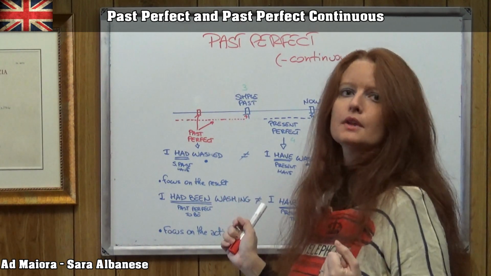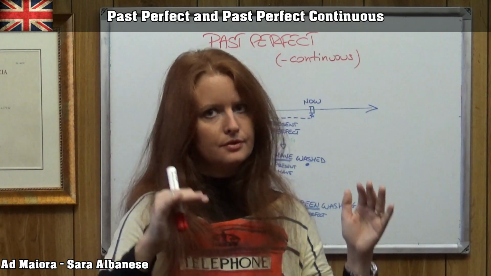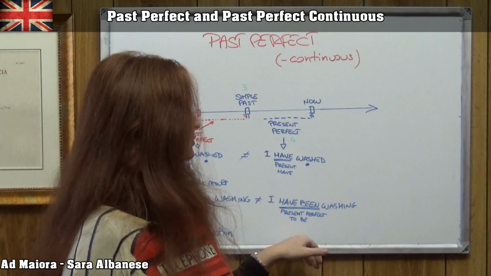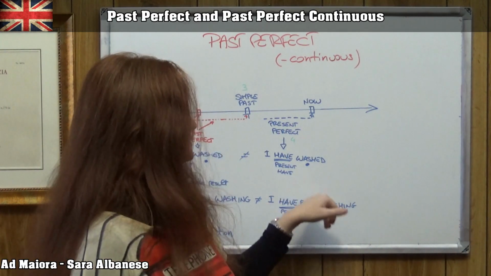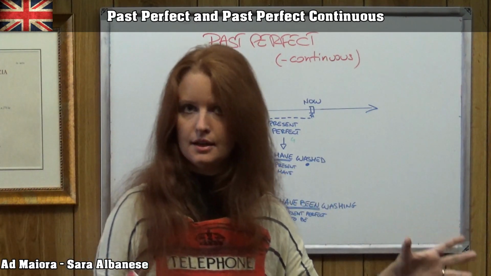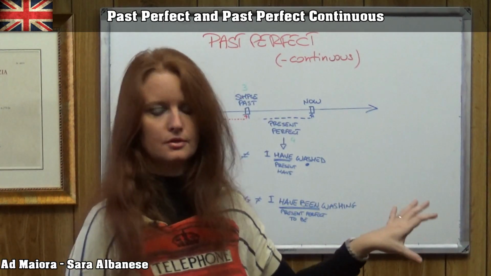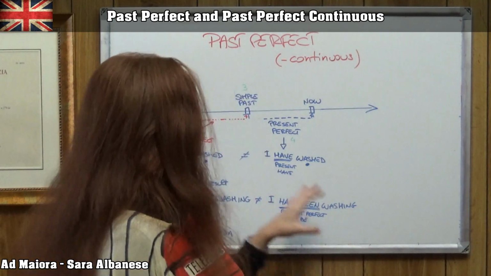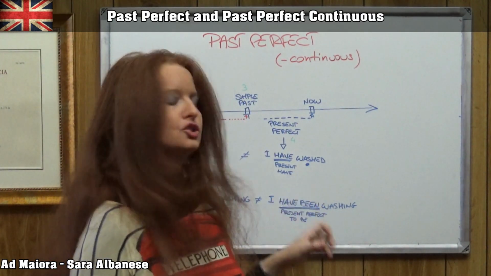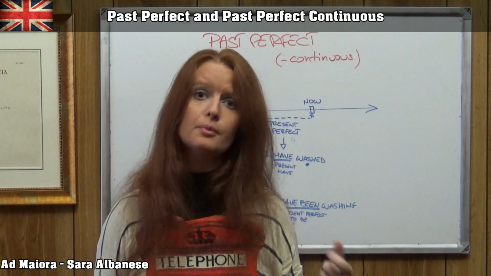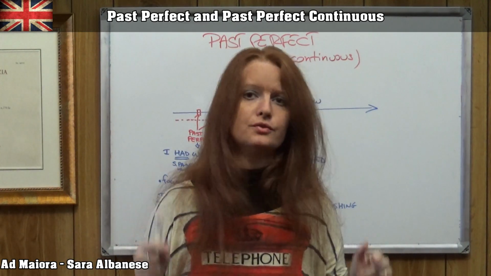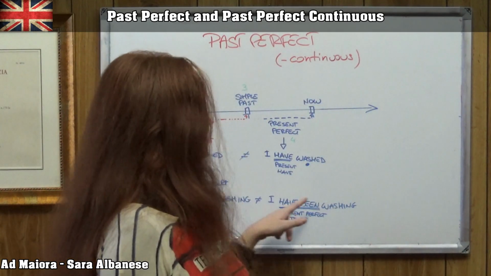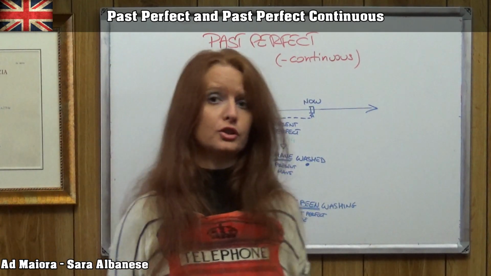Well, it is very similar, different but similar to the present perfect continuous. Also in this case, obviously, we had an ing form, so washing, which is the same, obviously. The gerund doesn't change, I can conjugate that. And I just changed the tense of the auxiliary verb. The auxiliary verb is always the verb to be, obviously, because it's a continuous form. But in this case, it is a present perfect of the verb to be.